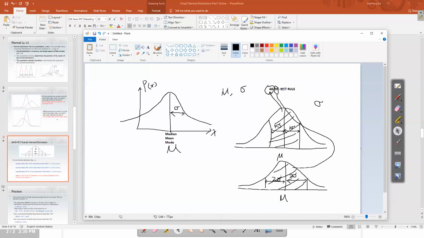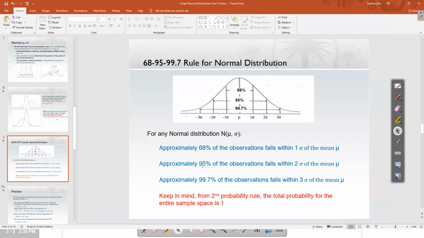Everyone can guess what will happen to 99.7, right? That will be if you measure 3 standard deviations on both sides from the center. So the middle probability will be 99.7%. So the rule is very simple, right? We have 3 numbers to remember: 68, 95, and 99.7. And of course, everyone remembers 1, 100%, that's for the total area under the density curve. So that's what the rule is, okay?